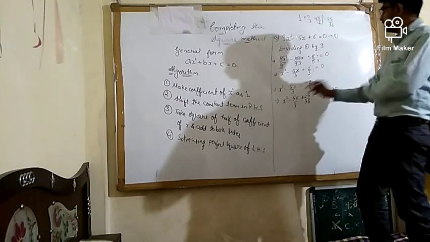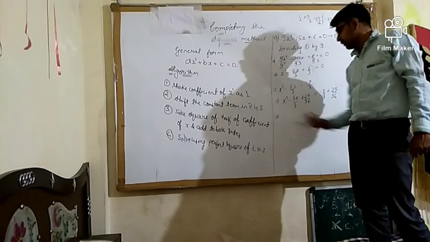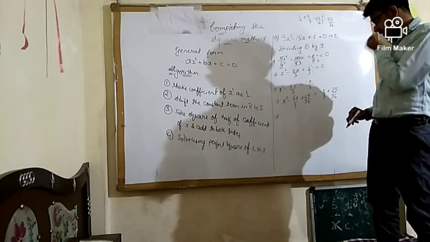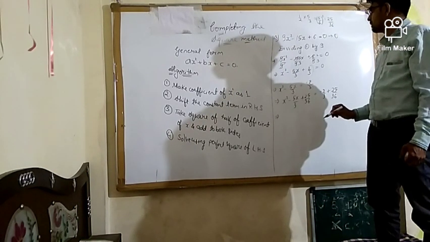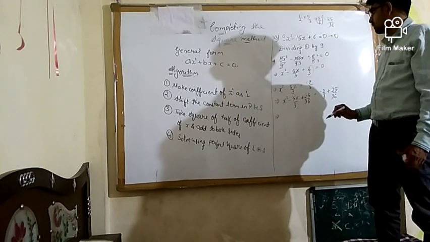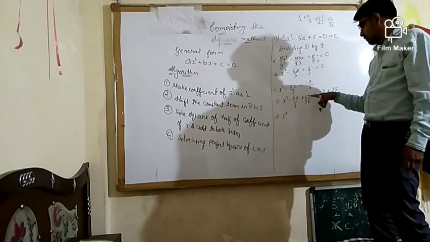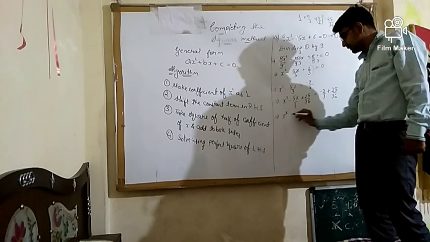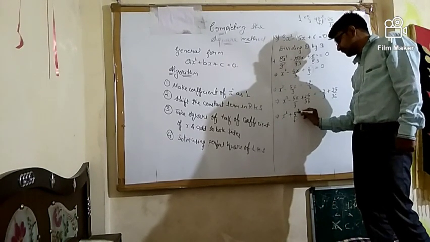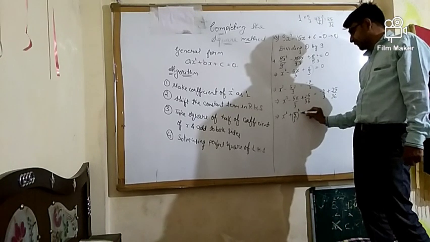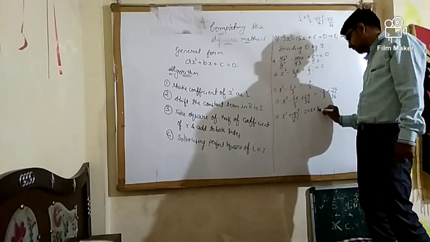For that, what I am writing here is x square, this 25 by 36 can be written as 5 by 6 whole square, minus 2 into x into 5 by 6.